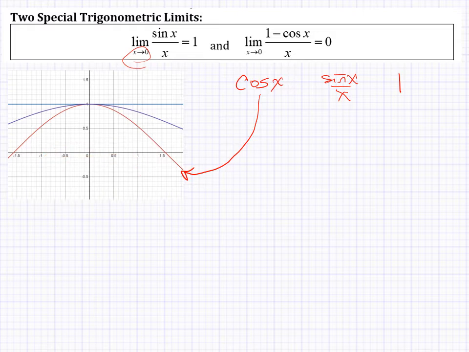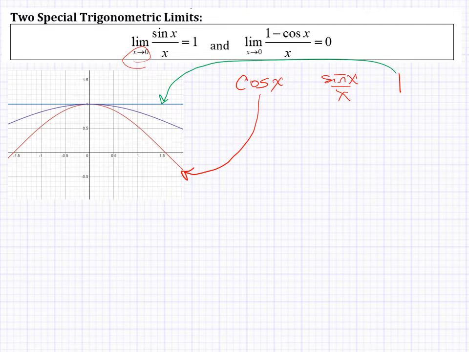So you see that we have that function there. And 1, I also have that drawn. That one is this horizontal line, y equals 1. You see cosine x is the smaller function, the one on the bottom. 1 is the top function this entire time in this window.